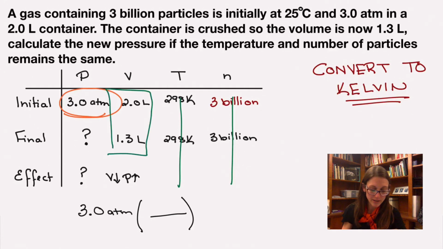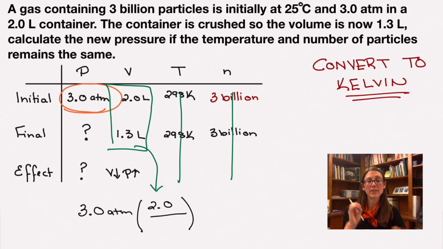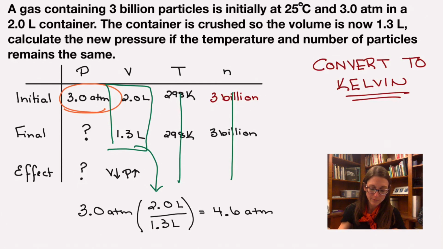So I'm going to take these two values and put them in there. And in order to get a larger final answer, I need to put the bigger volume on top. Once you have it set up this way, then you're going to take 3 atmospheres, multiply by the numerator of that fraction, and divide by the denominator of that fraction. And you will get 4.6 atmospheres.